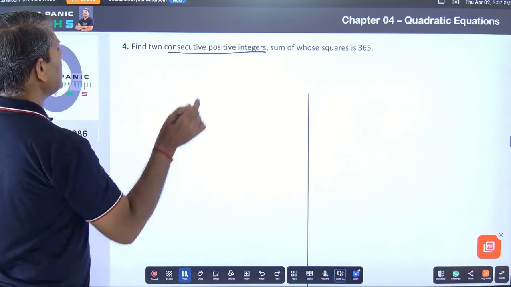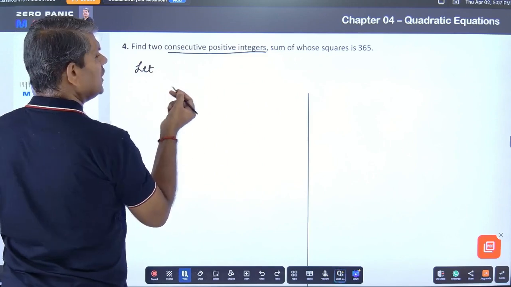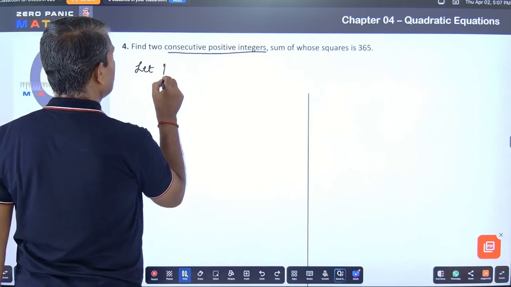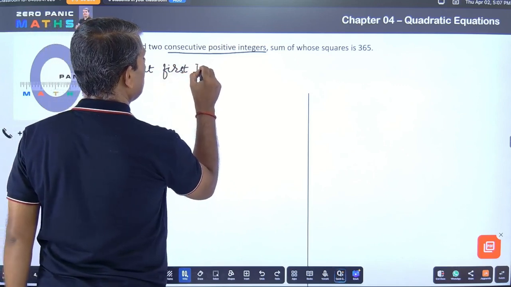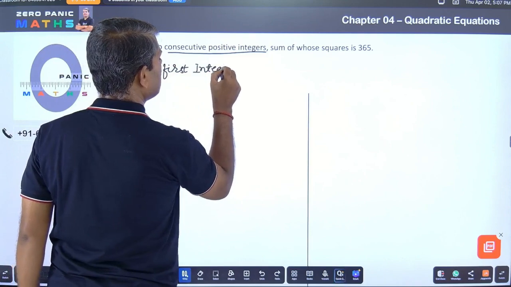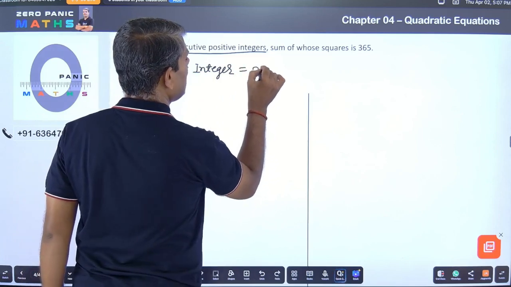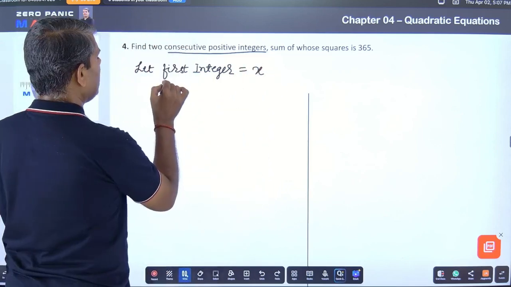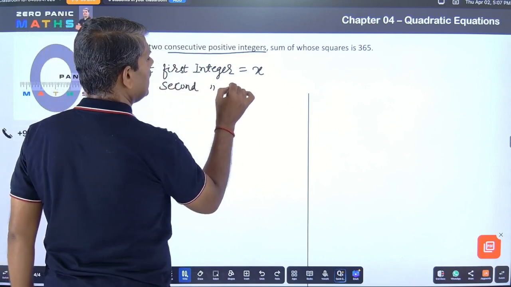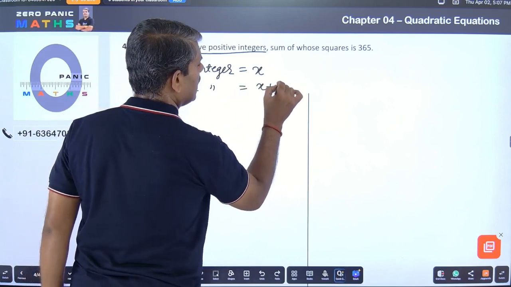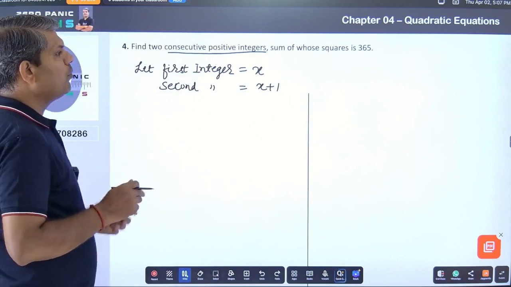Let us consider the first integer and the second integer. Let the first integer be x, and the second integer, which is the next consecutive integer, be x plus 1, because consecutive integers are one more than the previous.